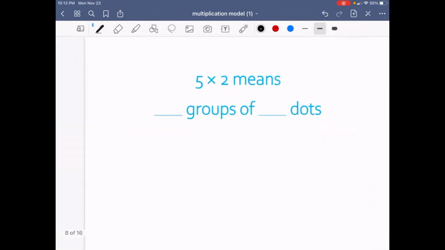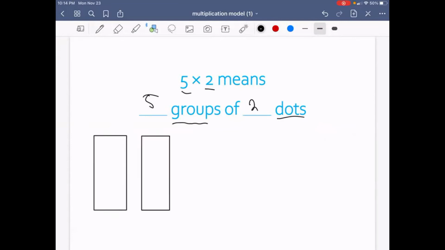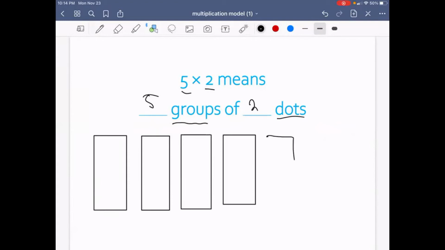Okay, let's get in. So let's first sort out our groups and our dots in each group. So I'm going to say there's 5 groups and there's 2 dots because these ones right here. Okay, now let's draw our groups out. There's 1, now there's 2, there's 3, there's 4, and there's 5. Now let's draw our dots.